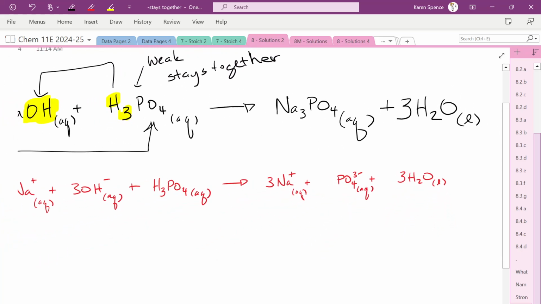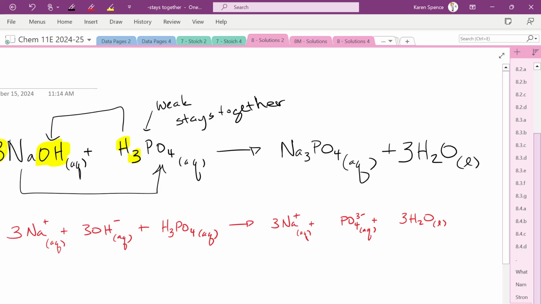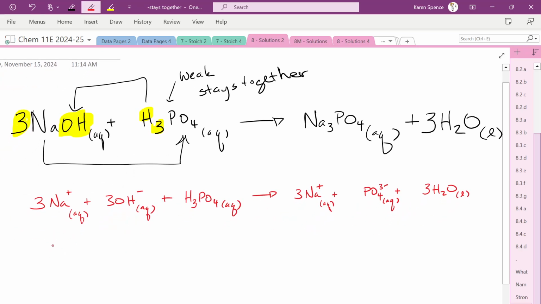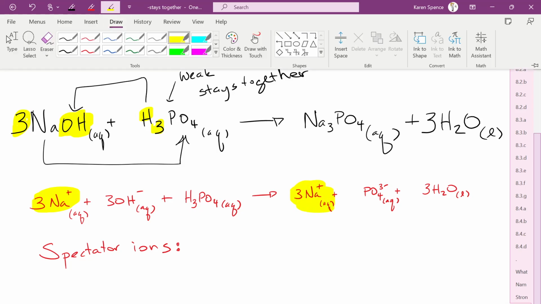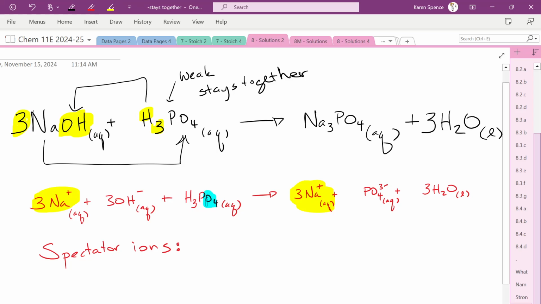Who are our spectator ions? Na and PO4. Here's Na. It stays the same from both sides. Here's PO4.